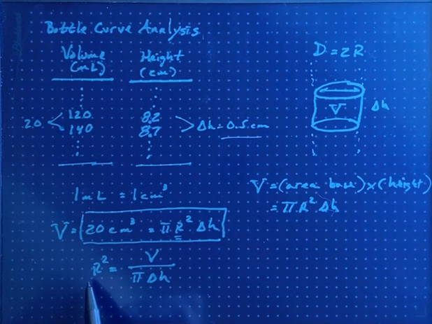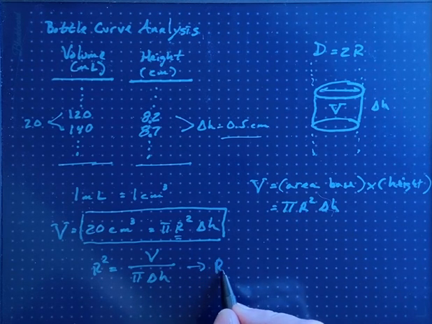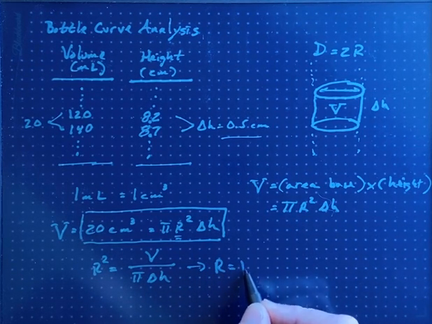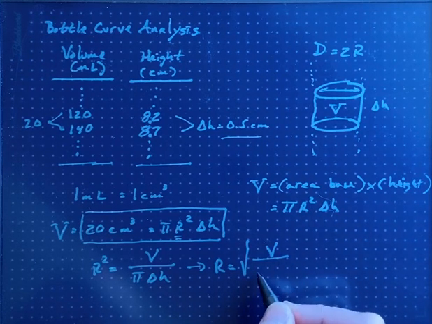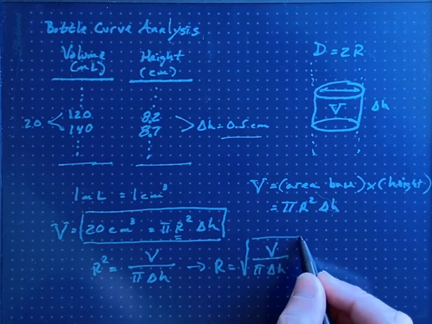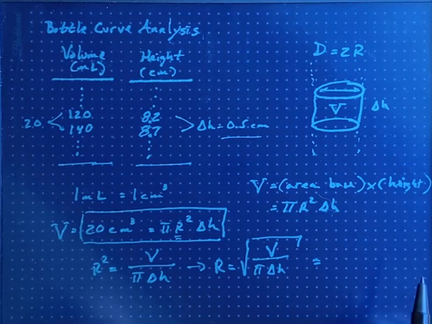And then, how do I undo the operation of squaring? Well, that's with the square root. So my formula is to take the square root of the volume that I added divided by pi times delta H. Let's see how it works in the case of this experiment.